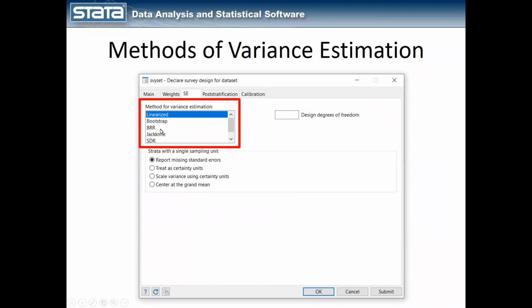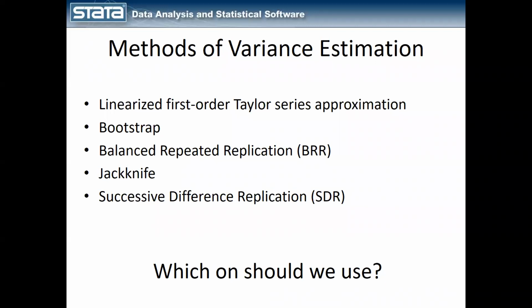Anyway, there are a collection of these, and the question then becomes, which one do I use? So I'm assuming you're the data analyst, not the person designing the study. If I'm the data analyst, which one of these should I select? Well, unfortunately, I've taught this over the years quite a few times, and there is no, oh, here we go, SDR, successive difference replication.